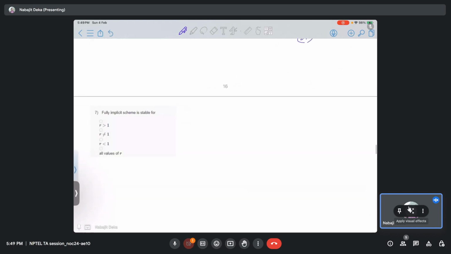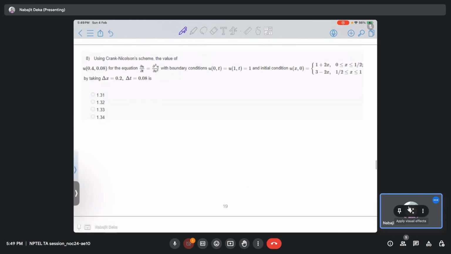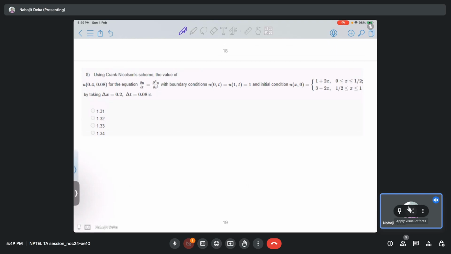So, moving on. Using the Crank-Nicolson scheme, we want the value of u for this form of partial differential equation.